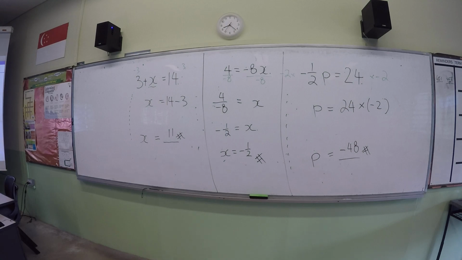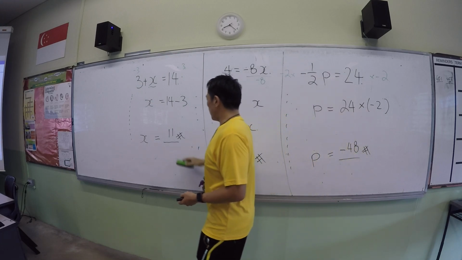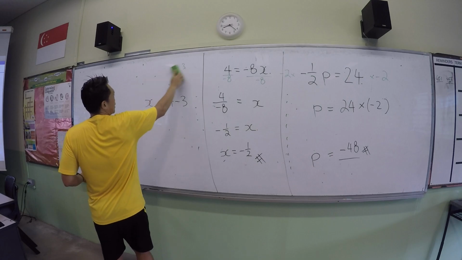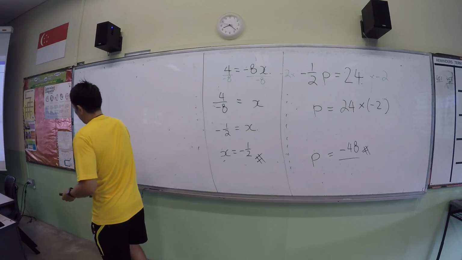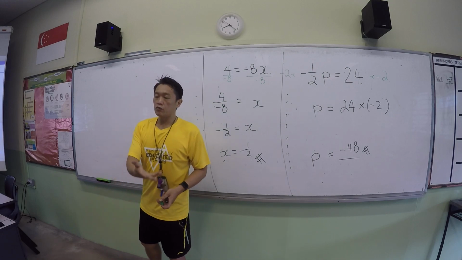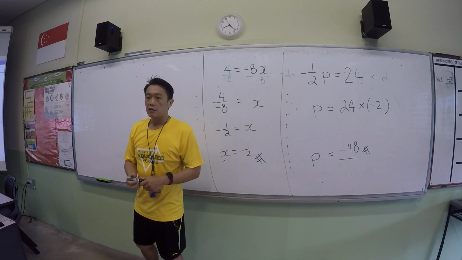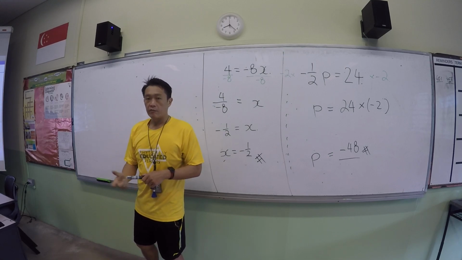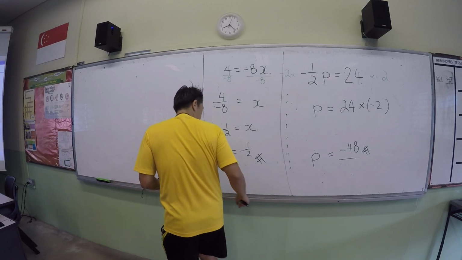As long as the flow of your thinking, how you are solving, is correct, sometimes you make some careless mistake, you do some wrong calculation, you still get marks. But if you don't show that you know what you are doing, then your final answer comes out right or wrong, you also don't get any marks.